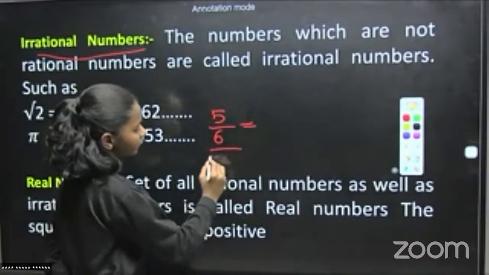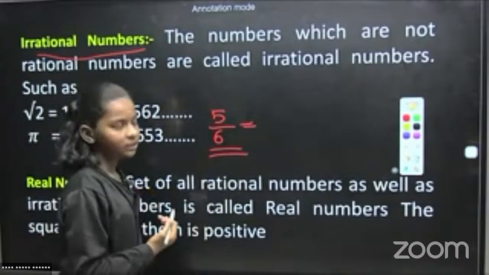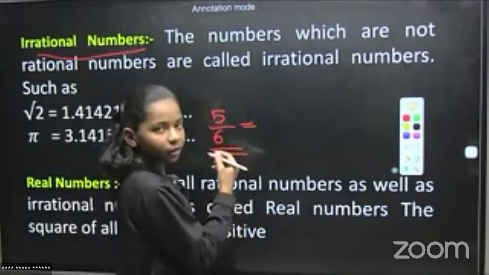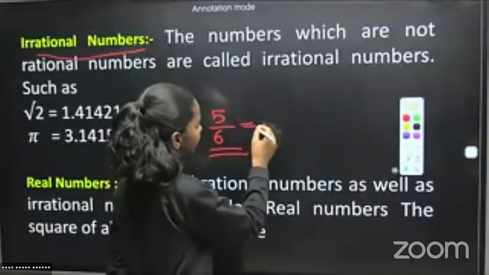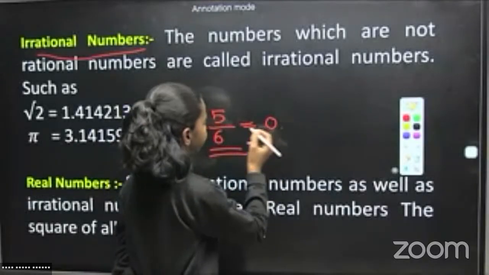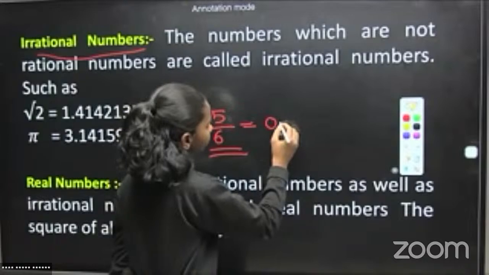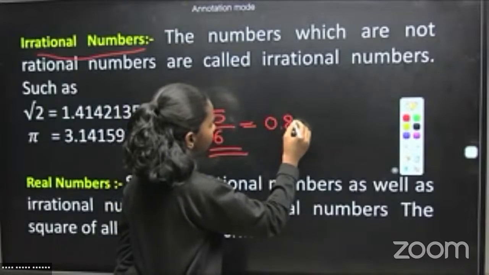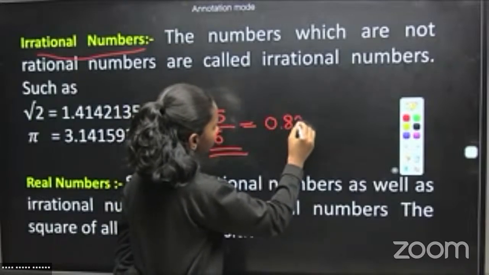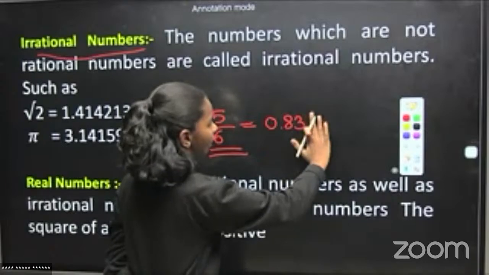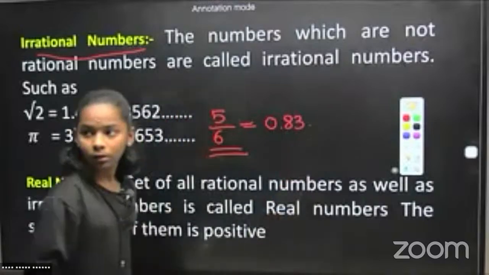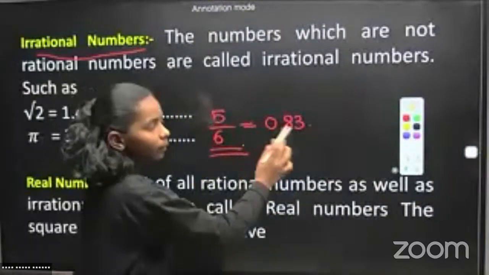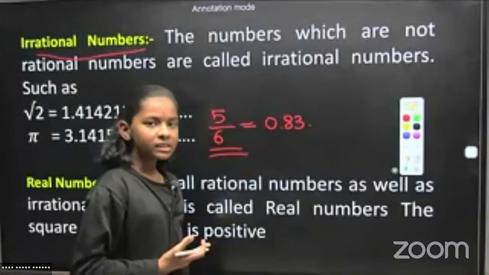This is a rational number. If we want to make it an irrational number, we will convert it into decimals. It will be like 0.83 and so on. It's infinite. So 0.83... is an irrational number.